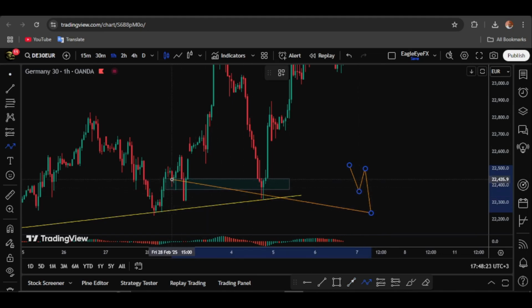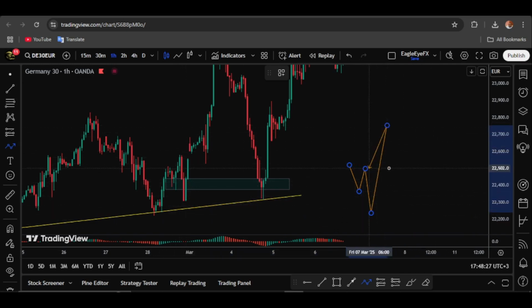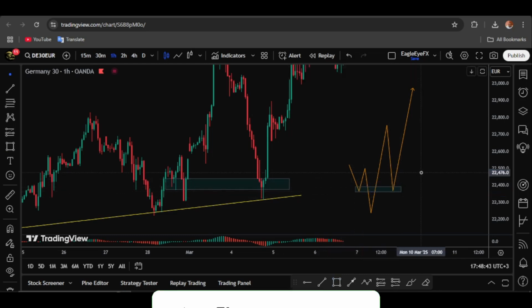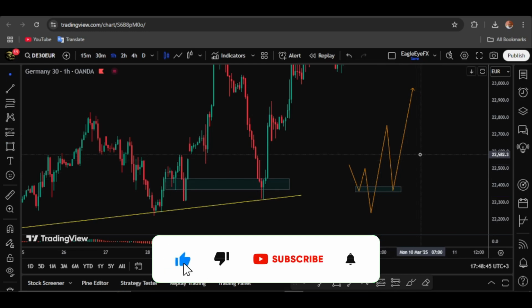As you can see here, you can see a break of structure. We want to see a change of character. You can see as the market broke structure, you can see the change of character. Then we want the market to come back to this level over here. Then we look for our confirmation. Then we look for our divergence. Then we buy to the upside.